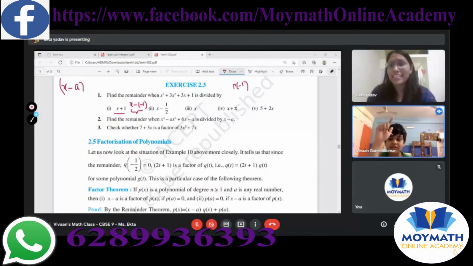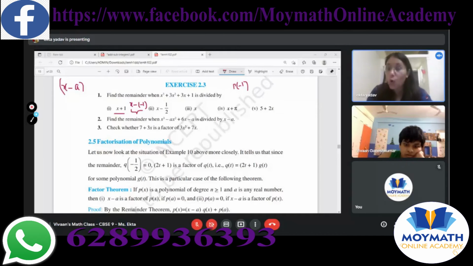So x cube will be 0 cube, plus 3x square will be 3 into 0 square, plus 3x will be 3 into 0, plus 1. So all the first three terms will become 0. Remainder will be 1.